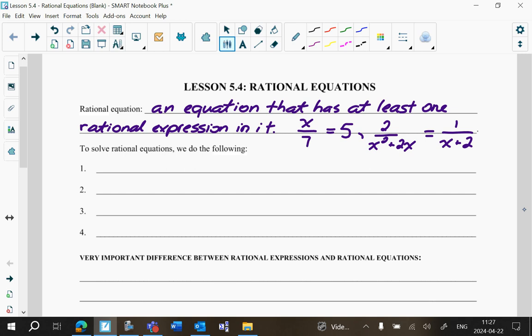So to solve these things, first thing, make sure all denominators are factored. That's the first thing.